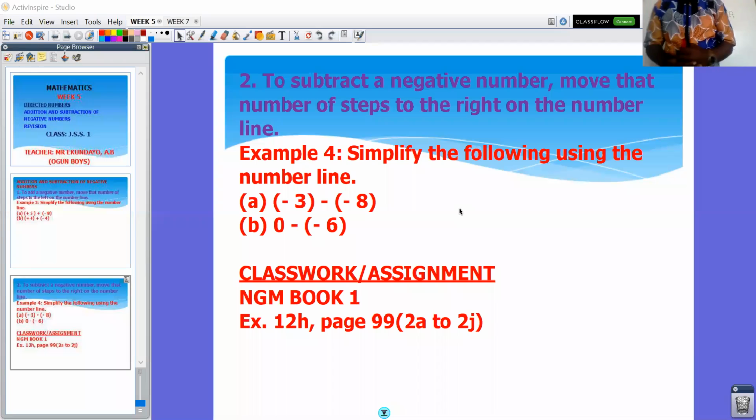Abdurrahman, your question. If the question is given to you in the theory, if it is a theory problem and you are asked to solve, you have to show it on the number line. But if it is an objective question, then you don't need to show it on the number line. You can use the other method and get your answer if you know it very well. Are we clear, Abdurrahman?